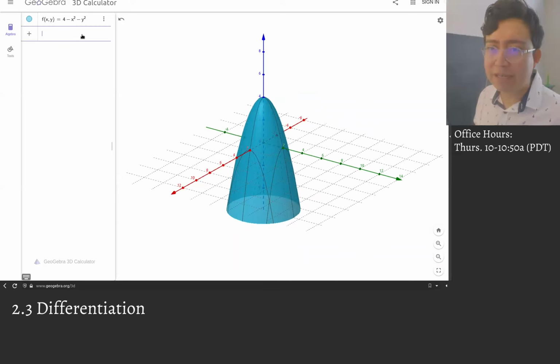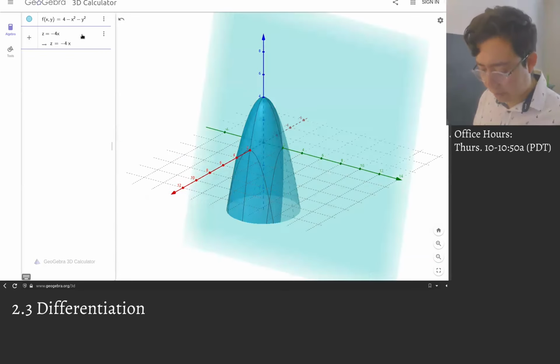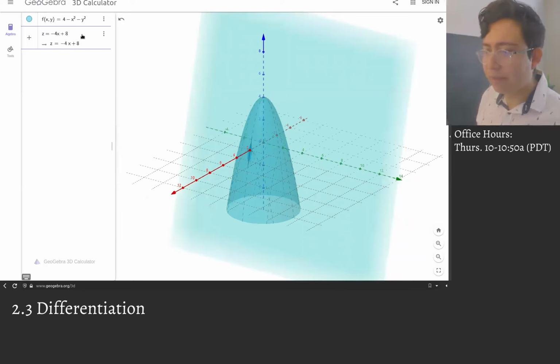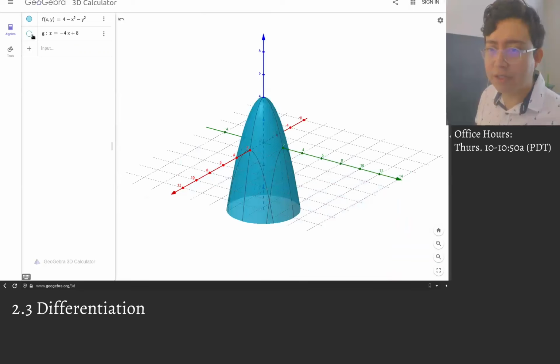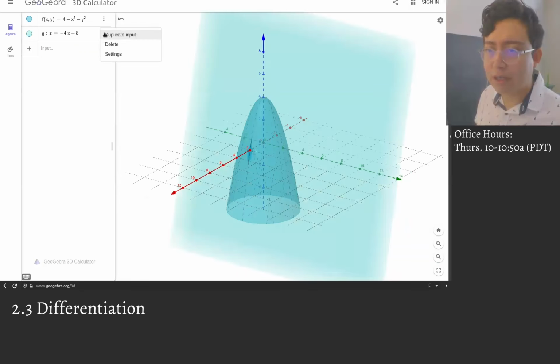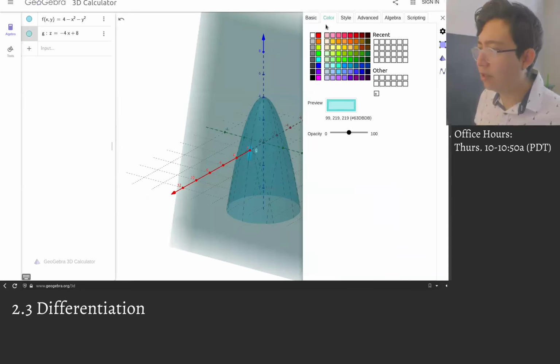And the tangent plane we computed was z equals negative 4x plus 8. What I'm going to do here is change this color, just so it's a little easier to see. Maybe a greenish color.